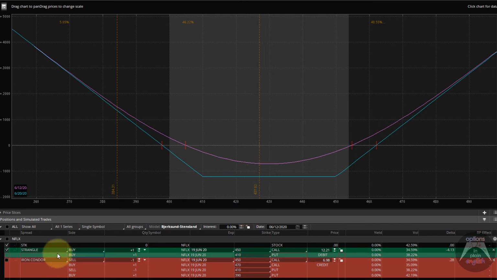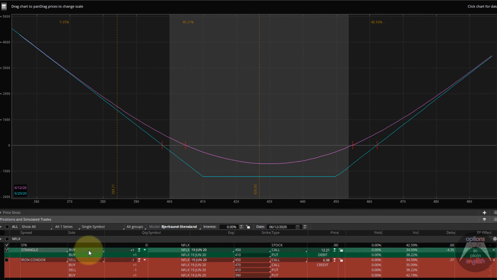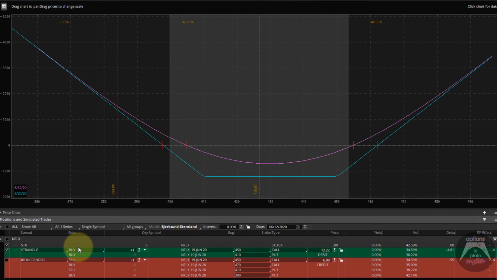So these are mirror positions. Basically, the other side of the coin is buying a strangle. So whether you want to do one or prefer one over the other is a matter of preference.